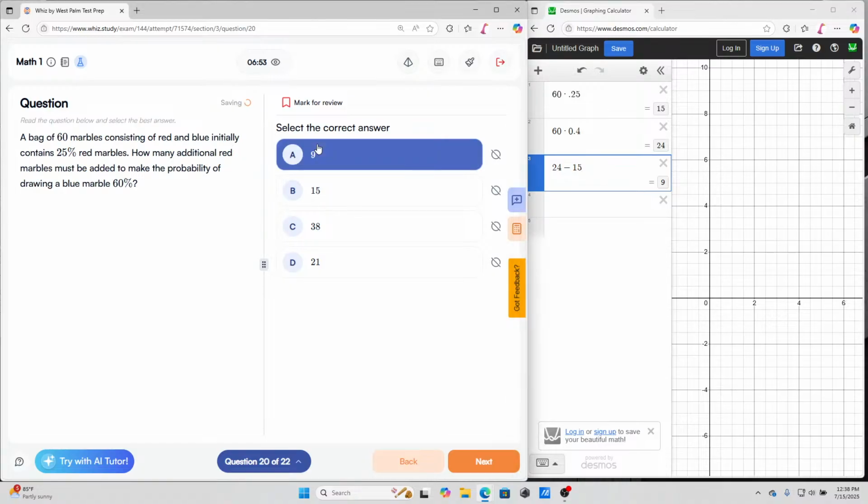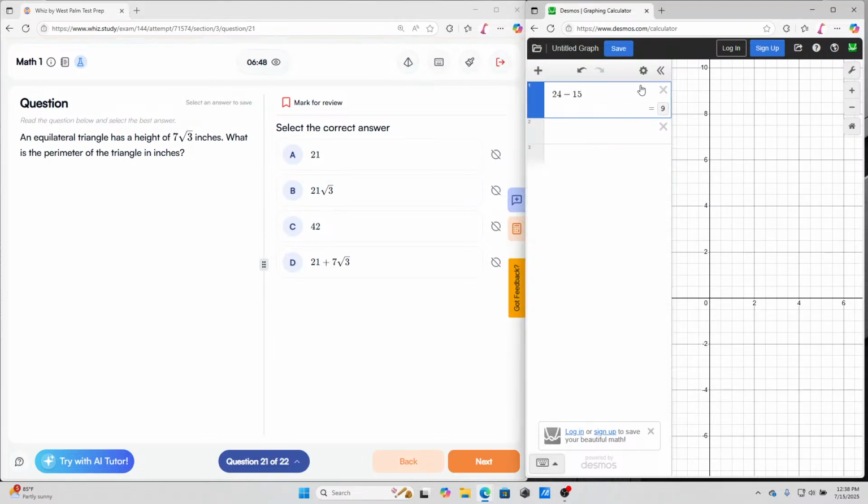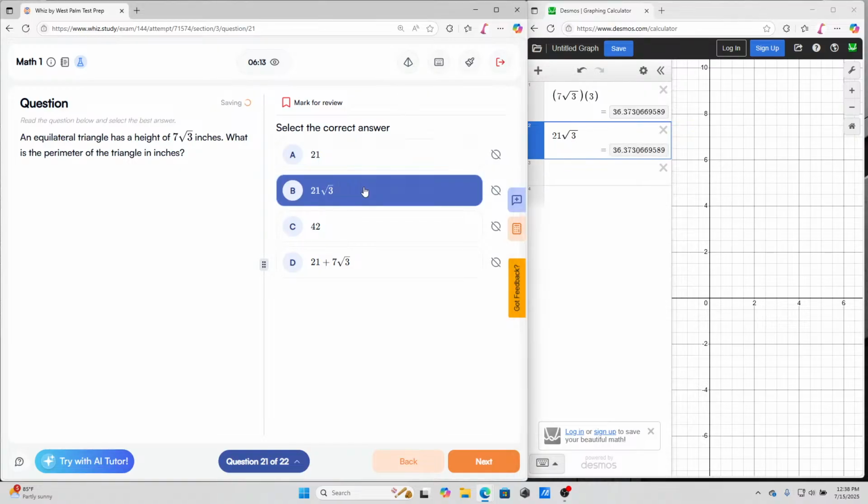So 9. So we need to put in 9 red marbles. Yeah, there we go.